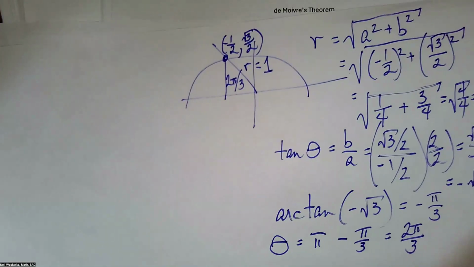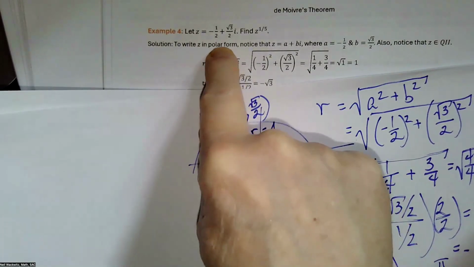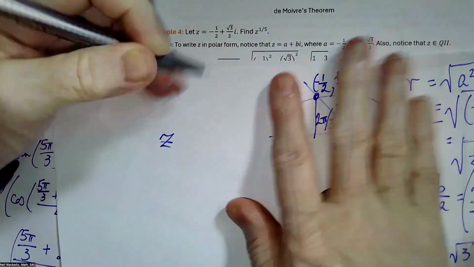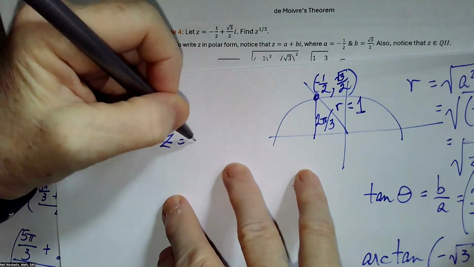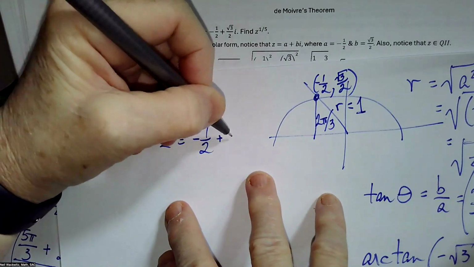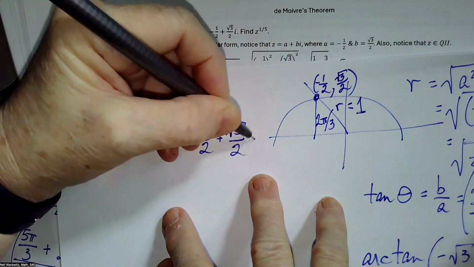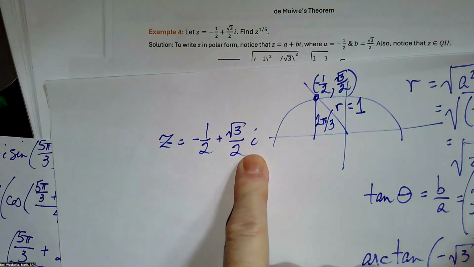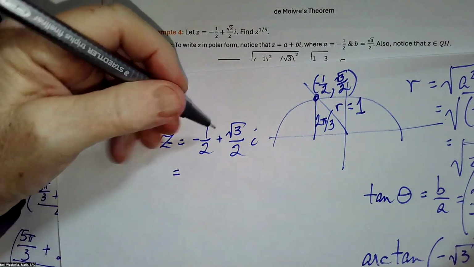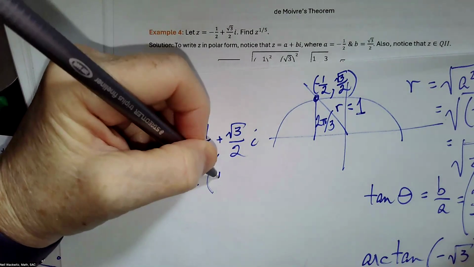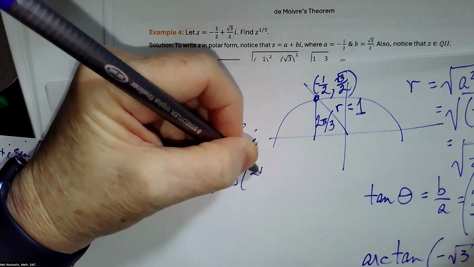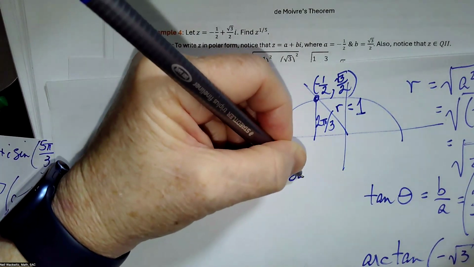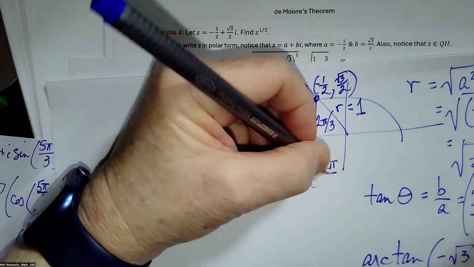Yay. Now we've got our number in polar form. So z equals negative 1/2 plus square root of 3 over 2 i, which is also equal to 1 times cosine 2 pi over 3 plus i sine 2 pi over 3.